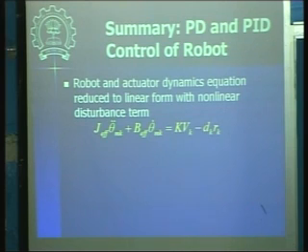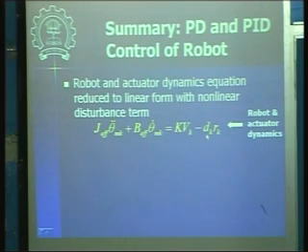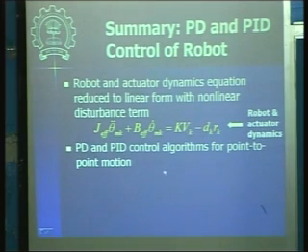So this was our equation that we got by considering this linear form with the disturbance term here. Then we saw different PD and PID control algorithms for this point to point motion, regulation motion.